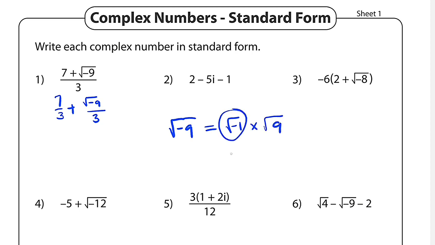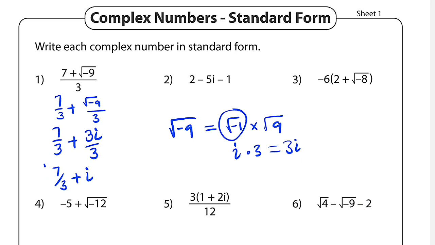The square root of negative 1 is i and the square root of 9 is 3. So altogether we have 3i, right? So this is 7 divided by 30 plus 3i divided by 30. Now finally you can see that this is 7 divided by 30 plus i/10. Now we have written this number in standard form.